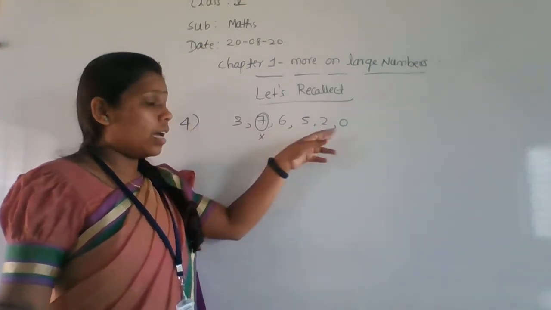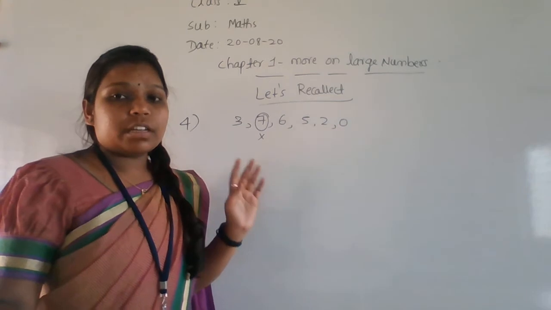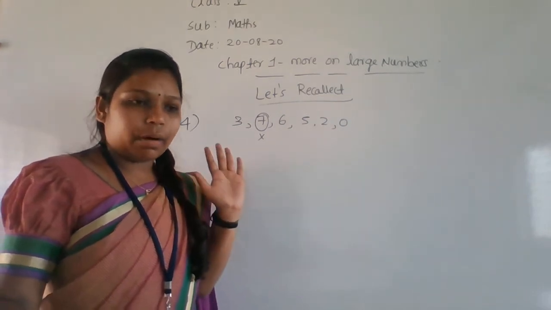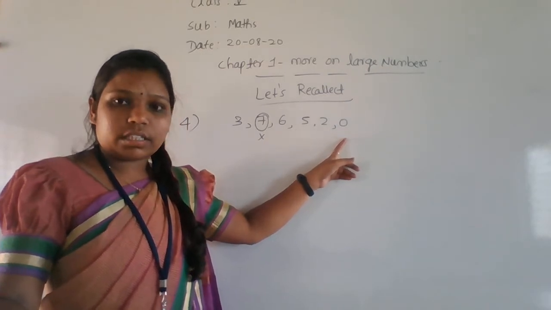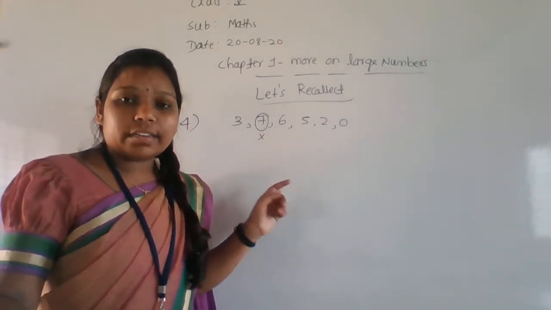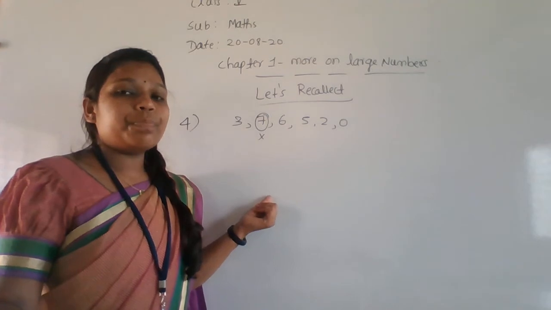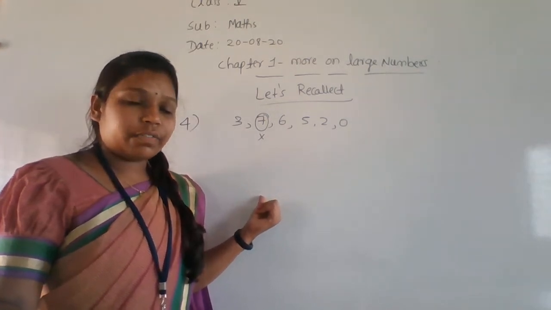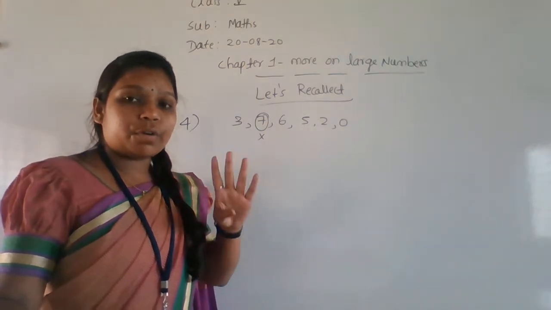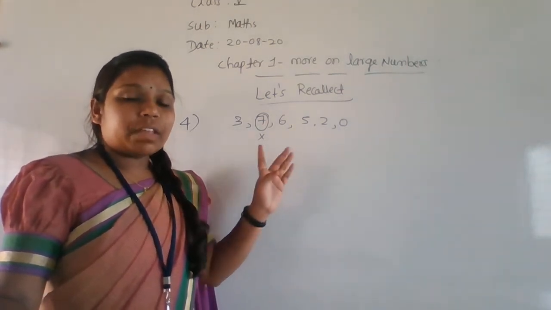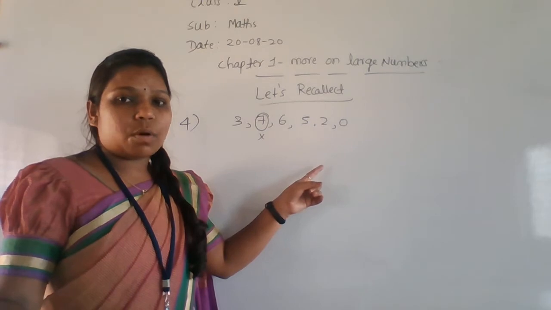And using these other digits, we have to form the smallest 5-digit number. Okay. And which is the smallest number here? Of course, 0 is the smallest number. But we don't write a 0 in the first place. Why? If you write the 0 in the first place, then it will not be a 5-digit number. It will become a 4-digit number. So after the 0, which value is smaller here?